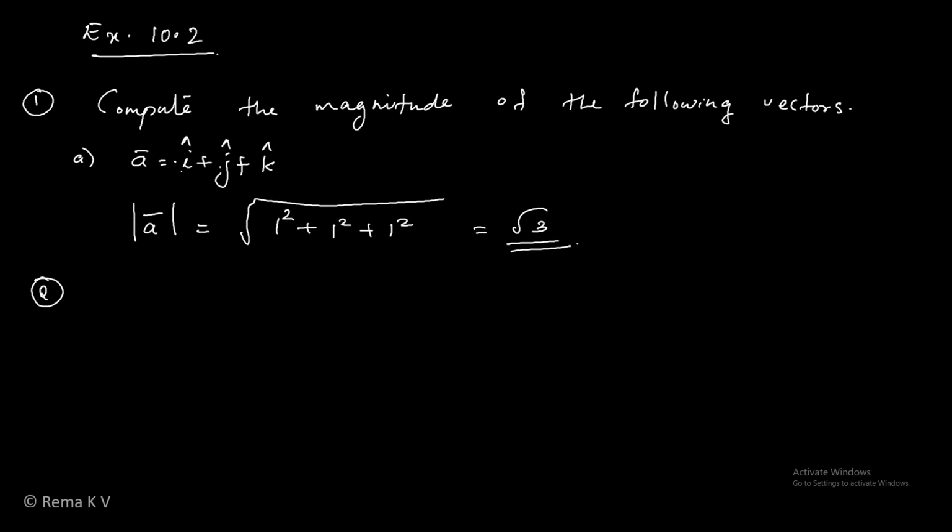Okay, now the second one. 2i minus 7j minus 3k.